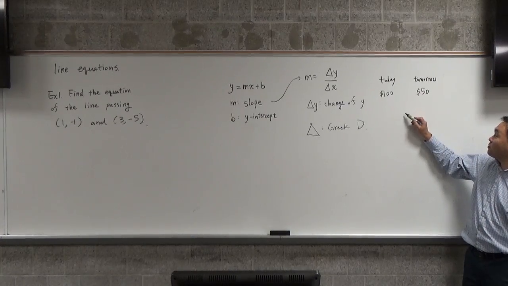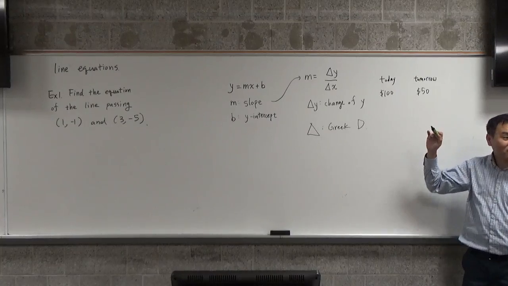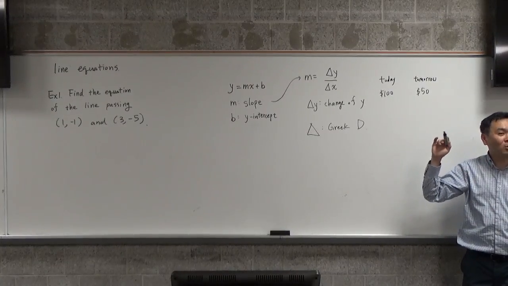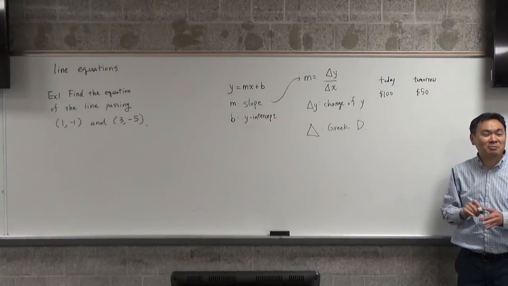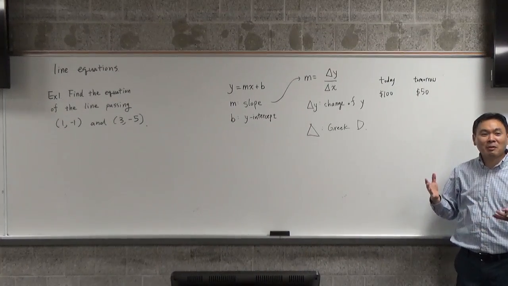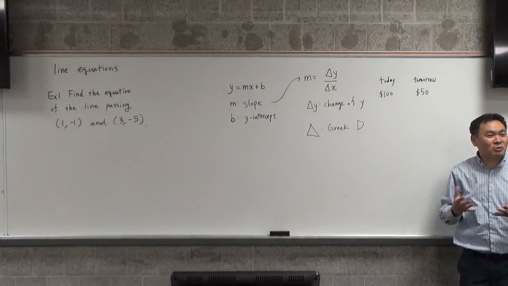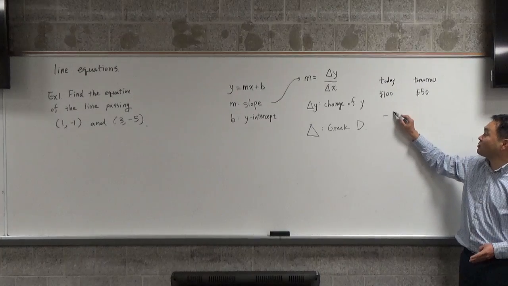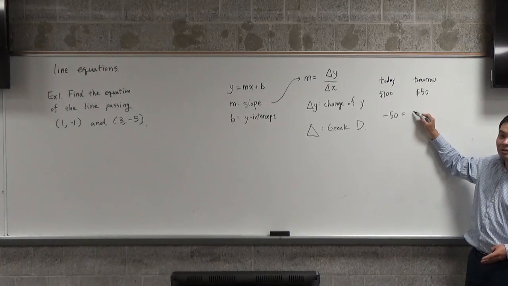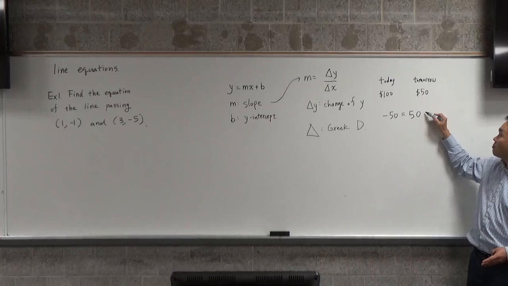So which way do you subtract? Do you do 100 minus 50 or 50 minus 100? If you do 100 minus 50, you get positive 50. That would mean that my bank account grew by $50, which is not true. It decreased by $50. So to actually get negative 50, you need to do 50 minus 100.